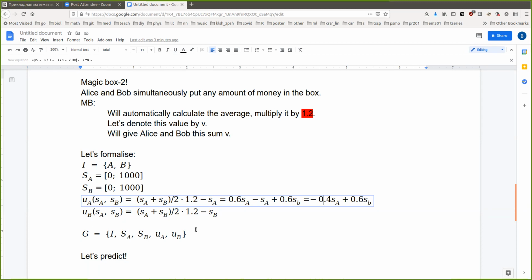Yes, I understand that we are poor human beings and we have a lot of psychological traps and so on, but my players are perfect optimizers and they can calculate everything without errors. I assume that my players are interested in maximizing the utility function, and that's all.